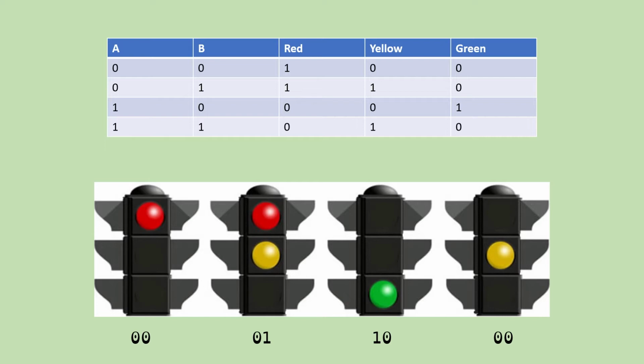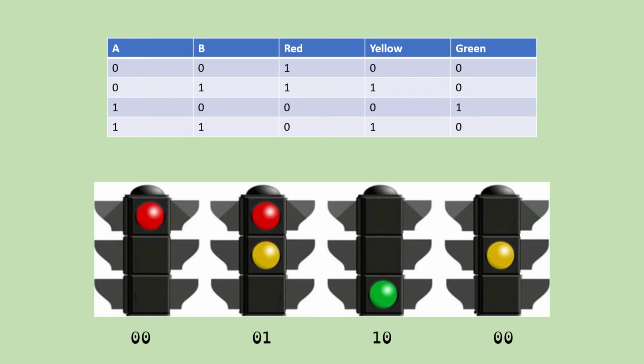On our 0, 1 phase, we've got red showing and yellow showing, but not green. On our 1, 0 phase, we've got red's not showing, yellow's not showing, but green is showing. Then our final phase, 1, 1, where I've got it wrong under the picture, but it's right in the truth table, is 1, 1. And then red's not showing, yellow is showing, and green's not showing.